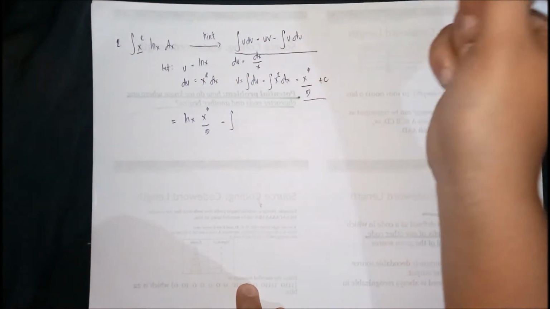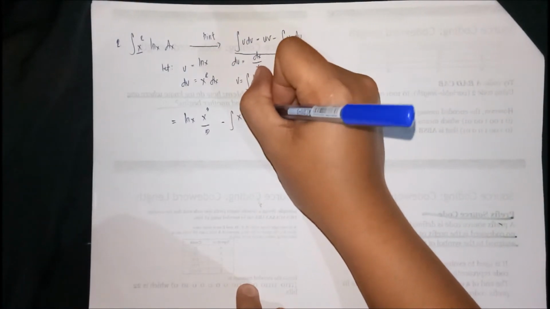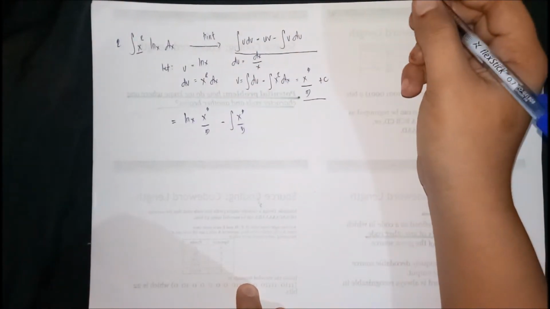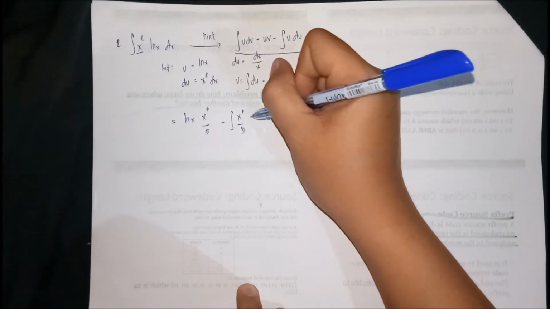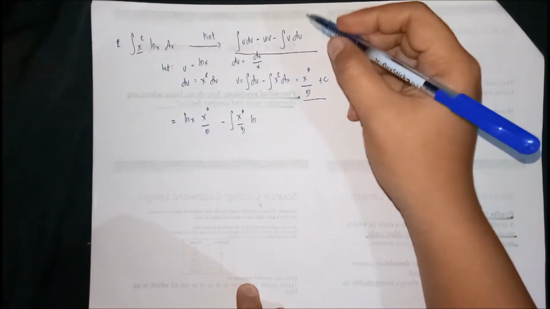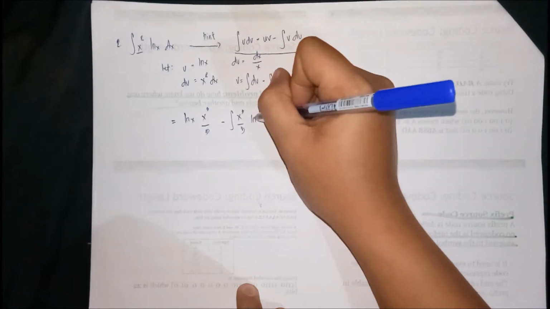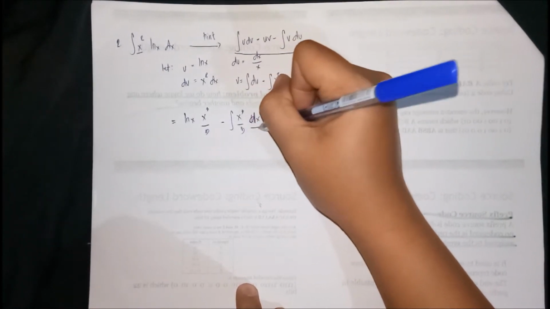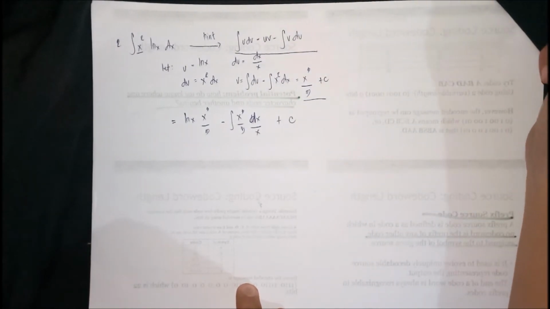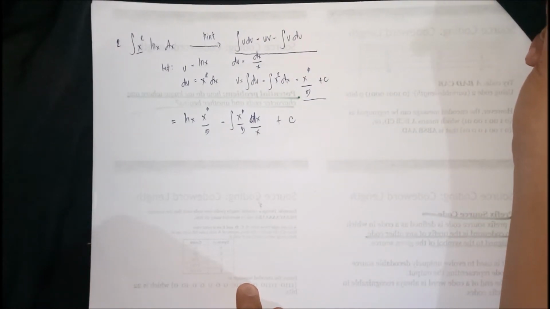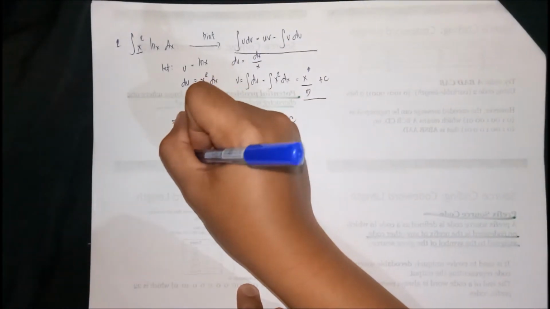Our v would be x cubed over 3. du would be, where's du? Yeah, ln x. I'm sorry, du is dx over x. dx over x, of course. This is plus c. Okay? Okay.